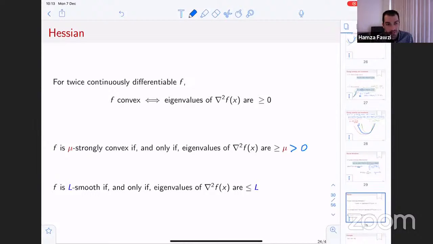And the function f is L smooth if and only if the eigenvalues of the Hessian are all bounded above by L. This is related to the fact that L smoothness is related to the Lipschitz constant of the gradient, and the Lipschitz constant of a function is related to the largest magnitude of its derivative. Here I'm talking about the Lipschitz constant of the gradient, so I have to look at the largest magnitude of the derivative of the gradient, which is just the Hessian. That is why this is something that we expect.